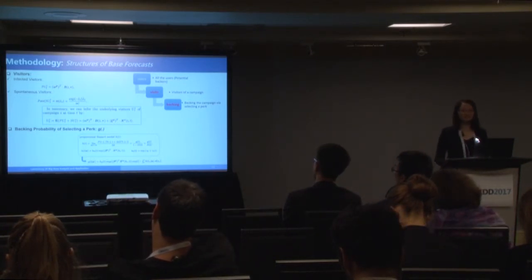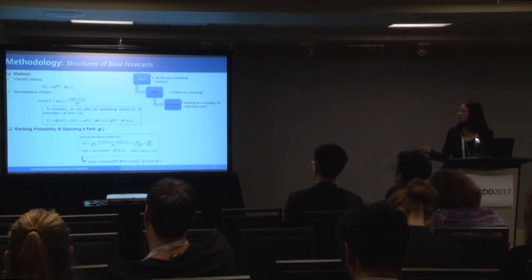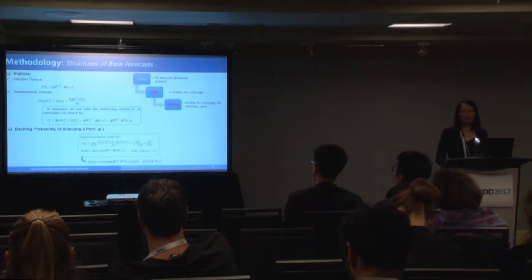After estimating the visitor number, we can predict the backing probability. Here, we propose to use the Cox proportional hazard function to estimate such backing probability, which is the instantaneous rate of the occurrence of the backing behavior.